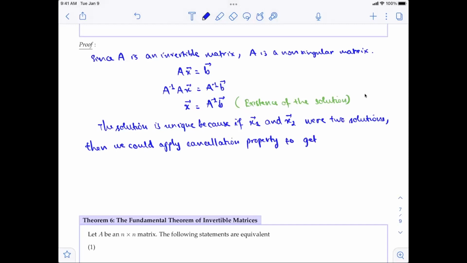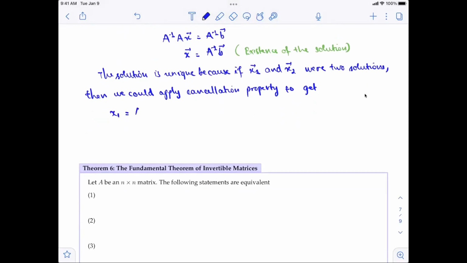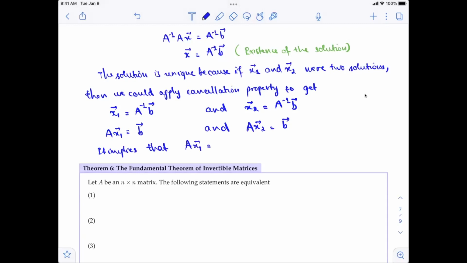So if x1 is a solution and x2 is also a solution, then you have x1 equal to A inverse times B, and x2 is equal to A inverse times B as well, or AX1 equal to B and AX2 equal to B. And because both left-hand sides equal the same value, which is B, it implies that AX1 equals AX2, but A is the same, so x1 is equal to x2.